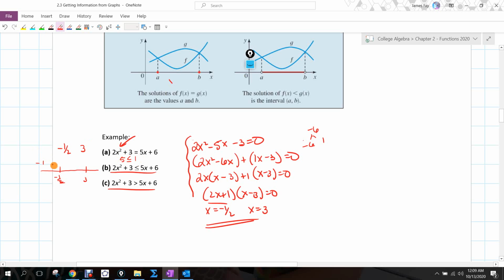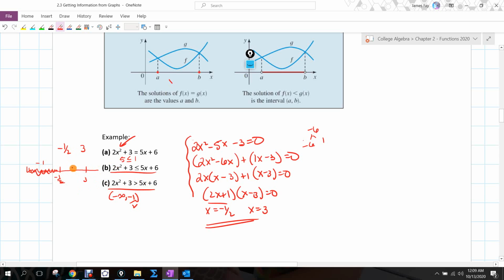So these values over here do not make this true, so they must make the other one true. So from -infinity to -1/2, all of these are going to give a similar result to this one.